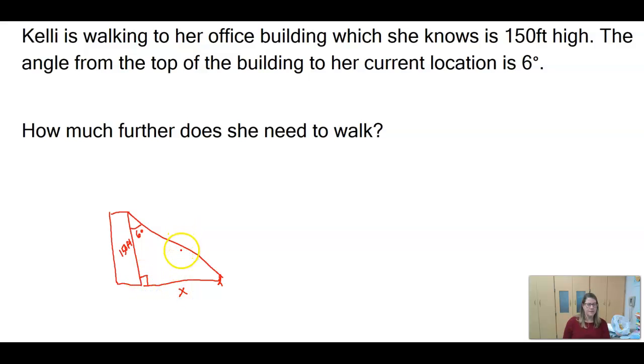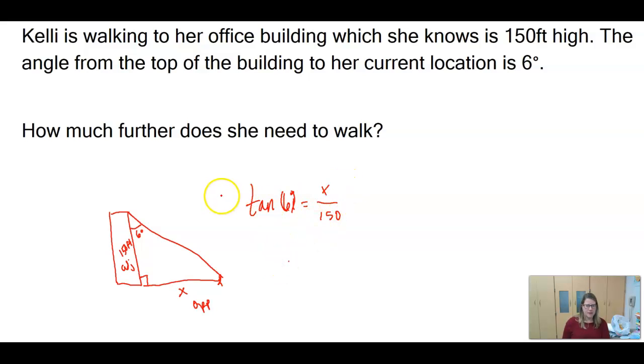This is our right angle. So this would be the opposite side from our 6-degree angle. This is our adjacent side. So again, we're going to use tangent. So tangent of 6 degrees equals the opposite side, which is x, over the adjacent side, which is 150.